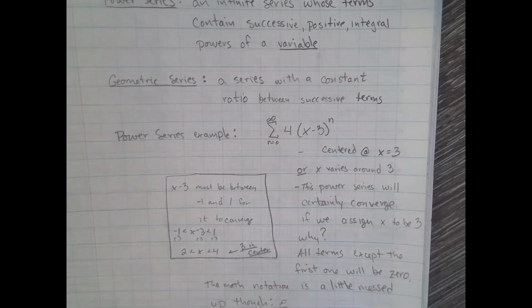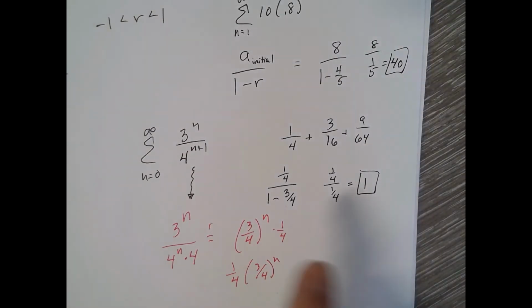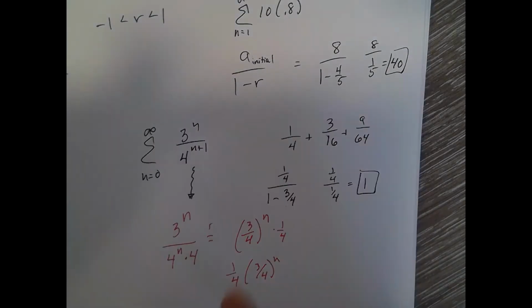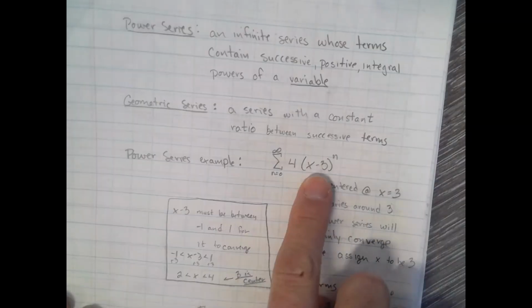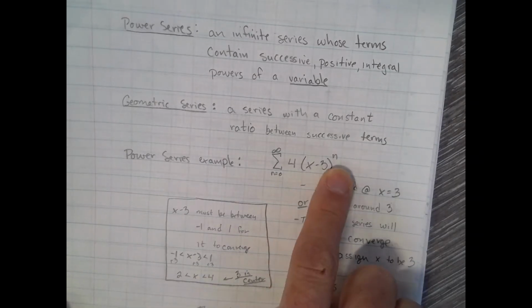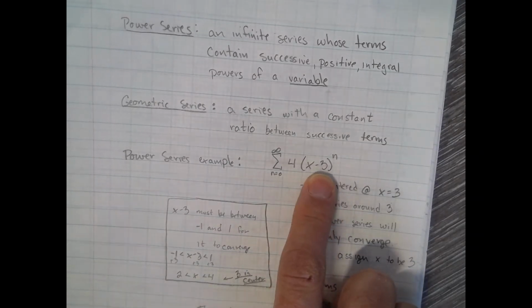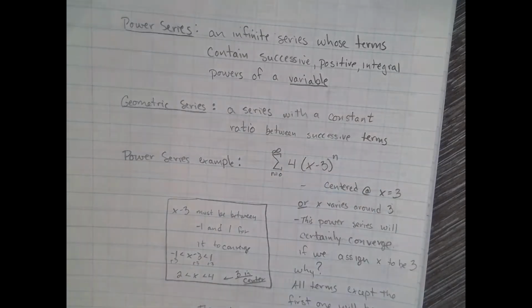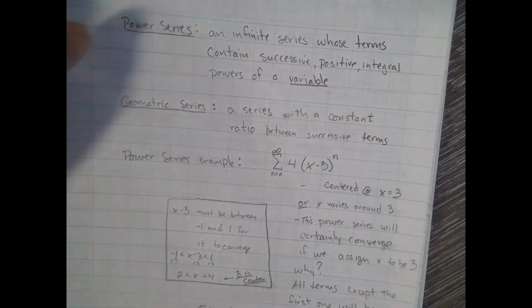Well, in order for a geometric series to converge, the ones we talked about in our notes here, r has to be less than 1 in absolute value. So if we're taking x minus 3 to the n, then that x minus 3 has to be less than 1, or between -1 and 1.